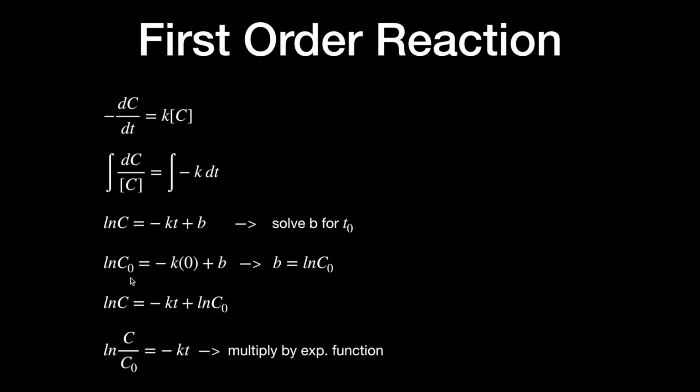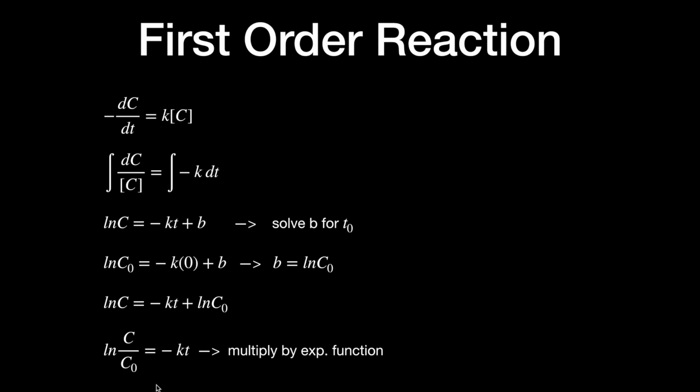So we substitute our initial concentration and set the time to 0, then we know that our constant b is just the natural log of our initial concentration. So substituting that back in for b, we have rewritten the equation, and then rewriting this, getting our natural logs together.